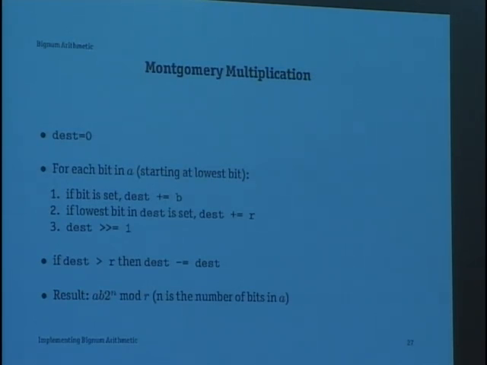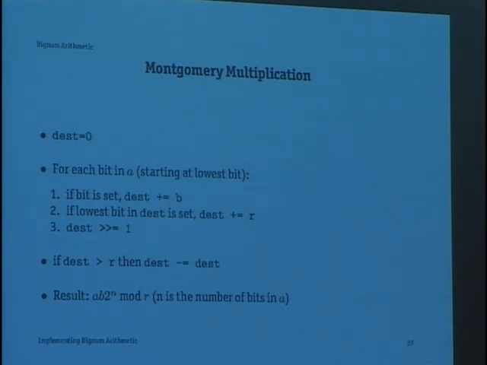The trick is that you get a different result, but to get that result back to what you actually wanted is cheaper than doing it right in the first place. In the end, you just have a loop that shifts all the time, and if the temp number is odd, then you add the prime. So you know the lowest bit is 0 again, and then you can shift it out. So this is deceptively easy.